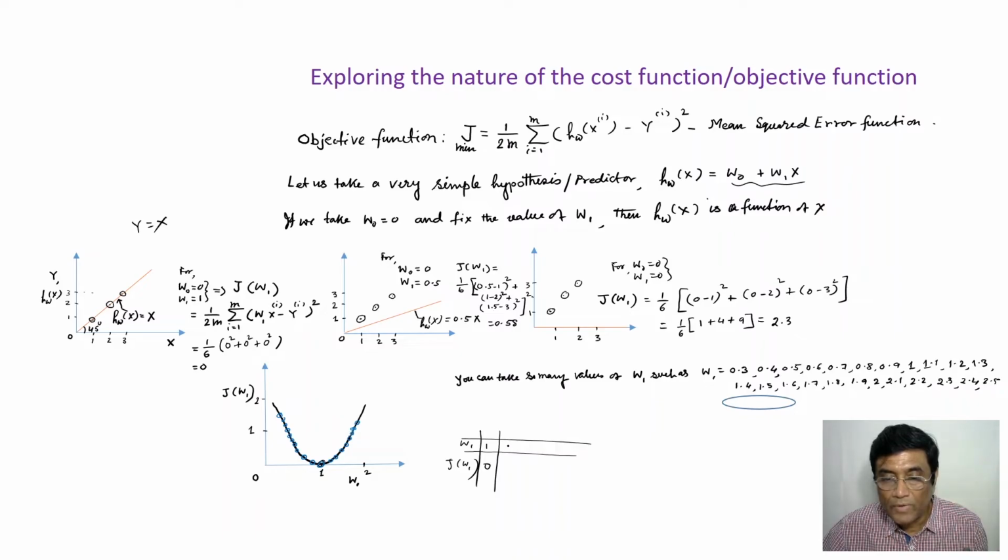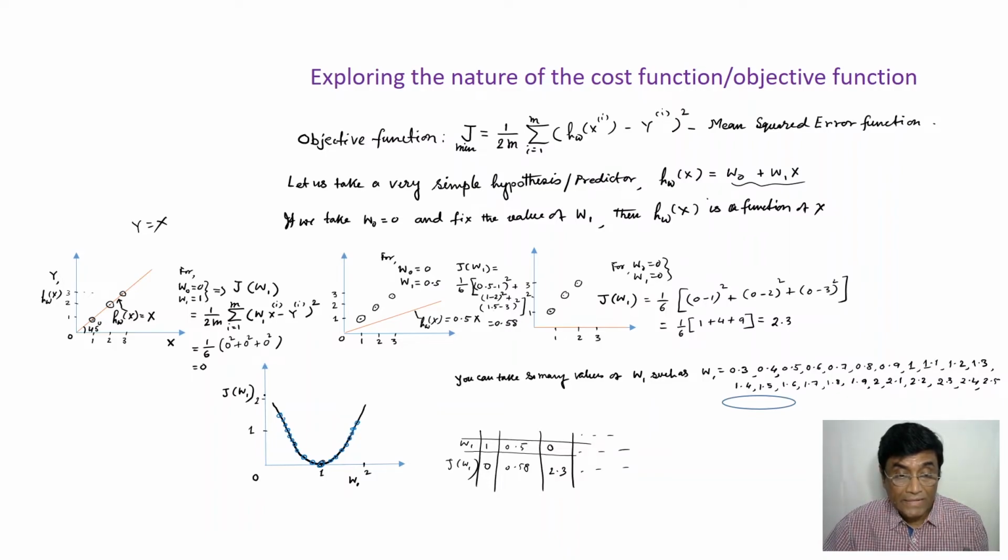For W1 value 0.5, you got 0.58. If W1 is 0, you got error 2.3. So you are with me, right? With pen and paper, you can go ahead and plot anything, 0.3, 0.4. These are W1 values, and you can calculate the functional value, which is J(W1).